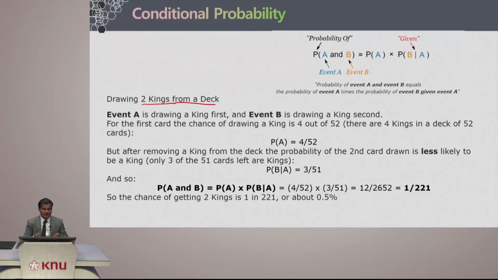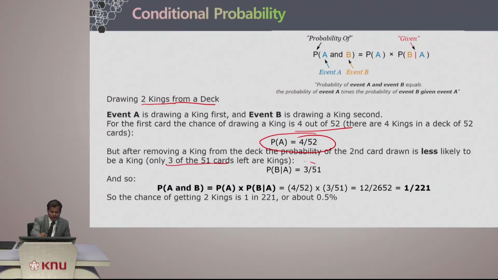For the first card, the chance of a king is 4 out of 52, since 4 kings are in your deck of 52 cards. But after removing a king from the deck, drawing a king in your second chance is less likely: only 3 out of 51 cards are kings.